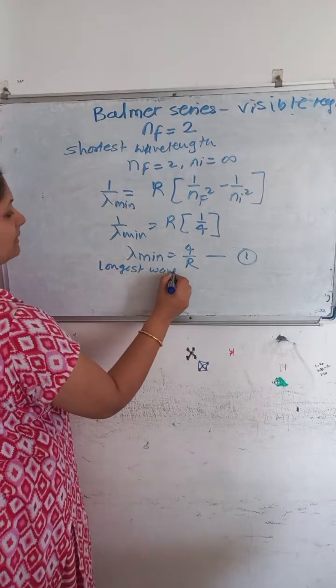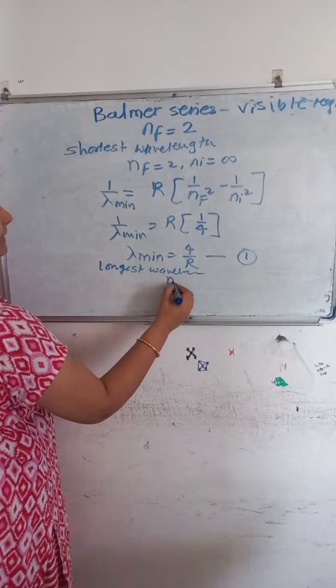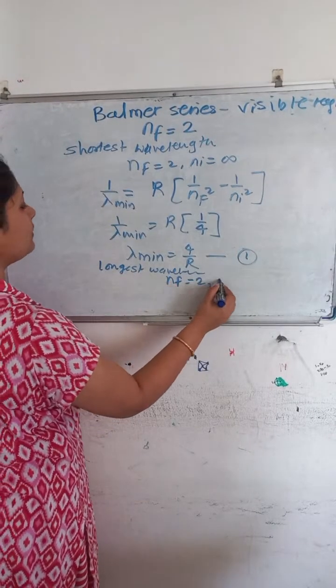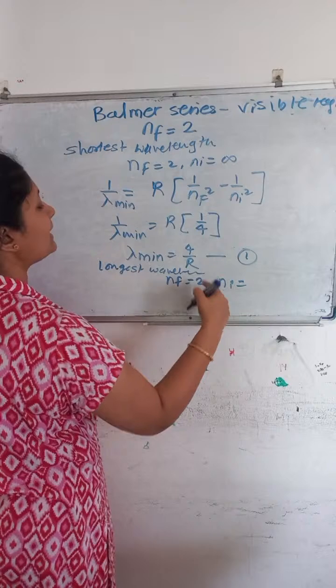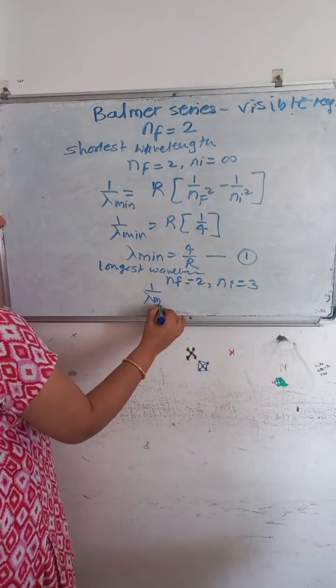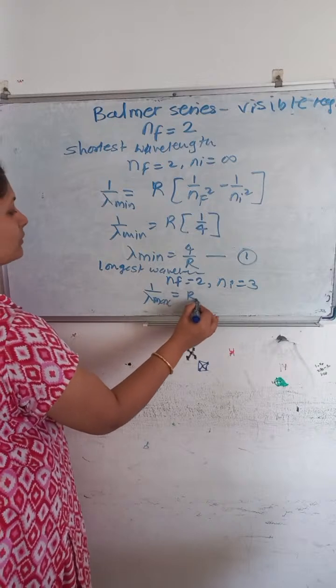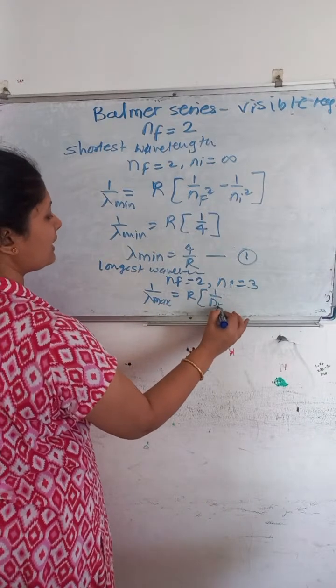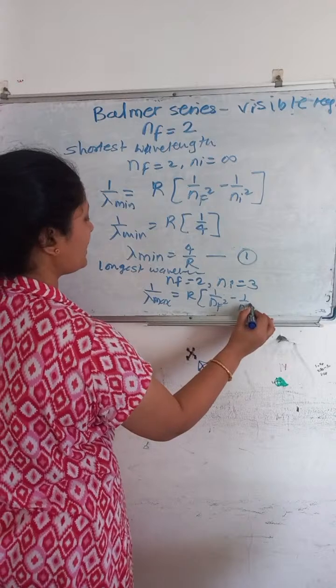For longest wavelength, again nf will remain same, 2, but ni, right after 2, is 3. So here we will get 1 by lambda max is equal to R times 1 upon nf square minus 1 upon ni square.